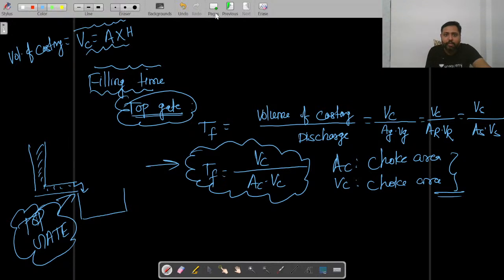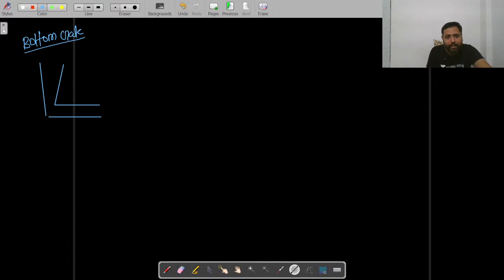now the other thing is through the bottom gate. If they talk about the bottom gate, what is it? It's like you have this sprue and you will have this runner, and this is your casting.